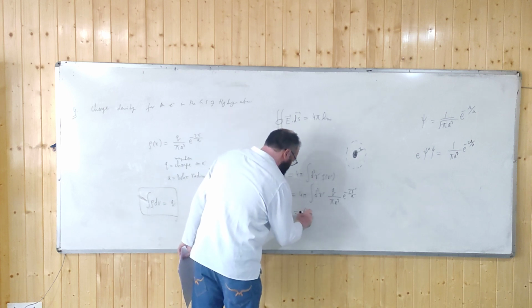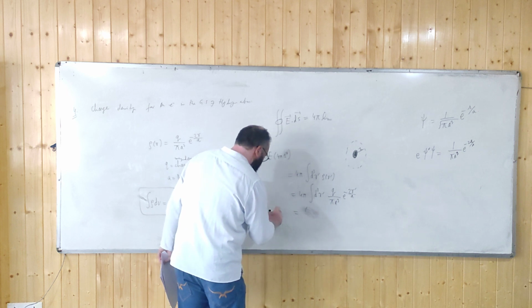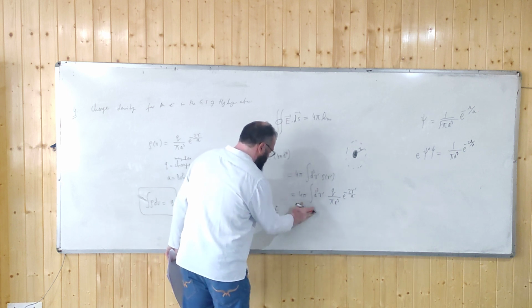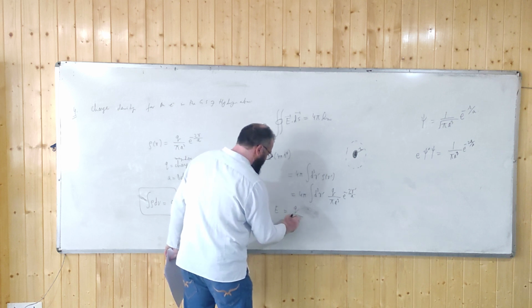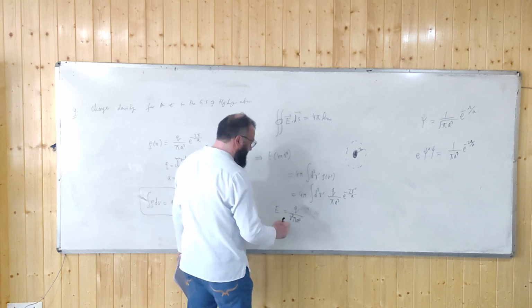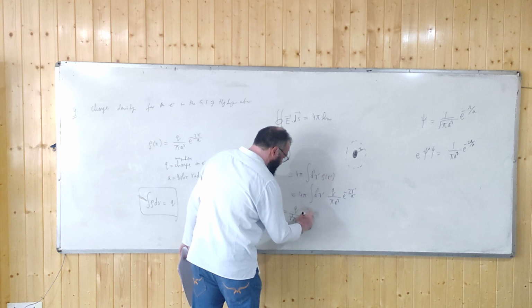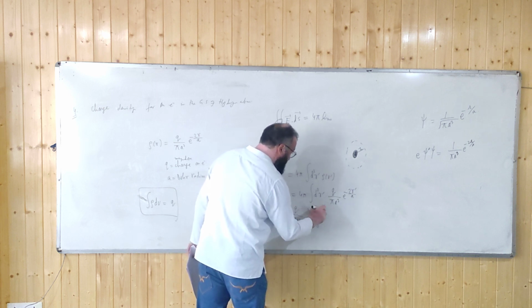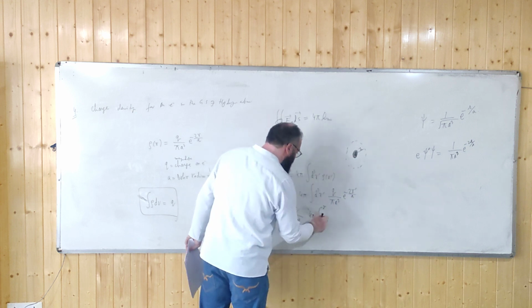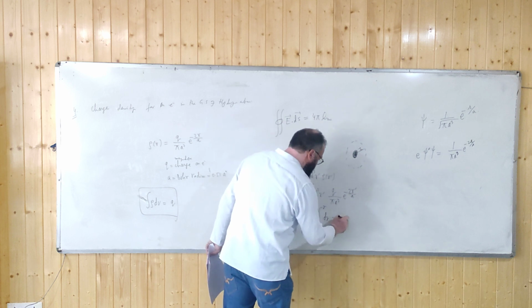So E is equal to Q over pi a cube, and you have r square as well. The solid angle is 4 pi. Then you integrate from 0 to r, the radius of this Gaussian surface, dr prime times r prime square, e raised to minus 2r prime by a.